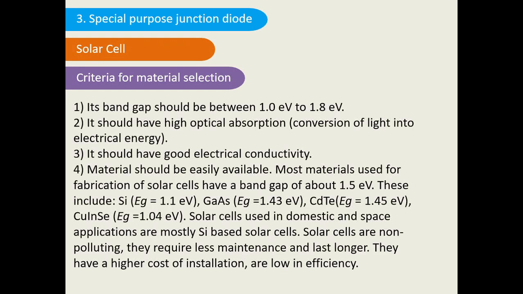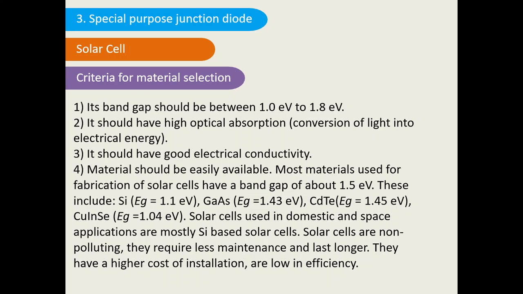What are the criteria for selecting the material used for the fabrication of a solar cell? Suppose you want to make your own solar cell, what important criteria should you keep in mind? The first is that its band gap should be between 1 electron volt and 1.8 electron volt.